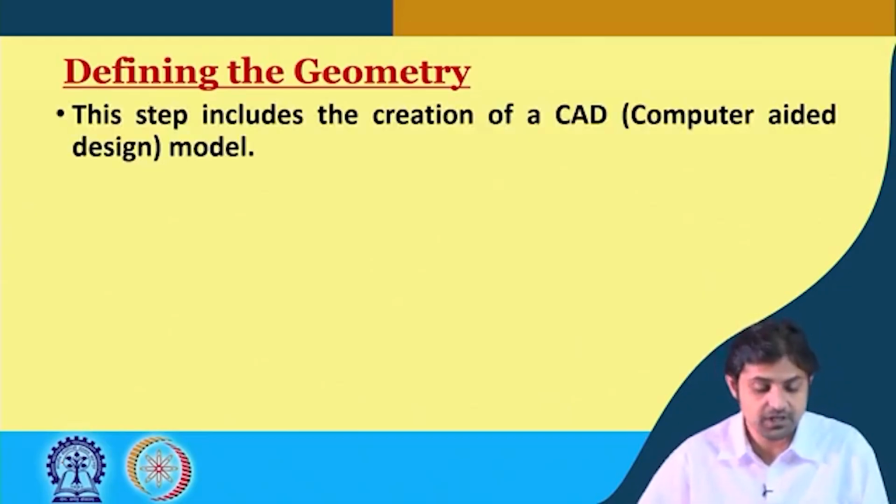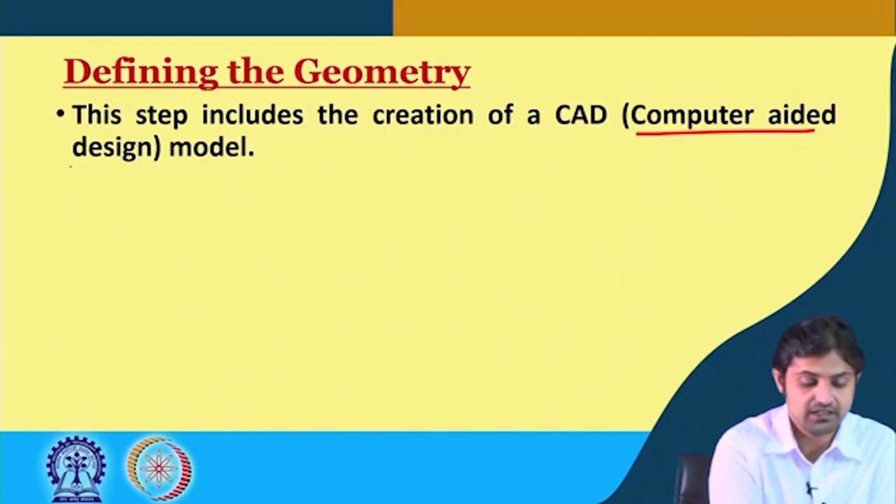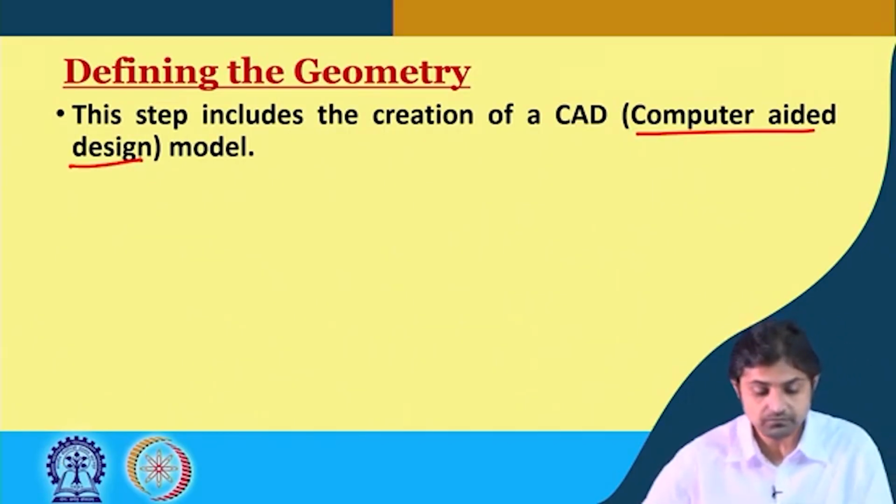So, this step includes the creation of a CAD model. What is CAD? Computer aided design. Okay, so you use some software, or there are even tools available within computational fluid dynamics packages where you can define the geometry.